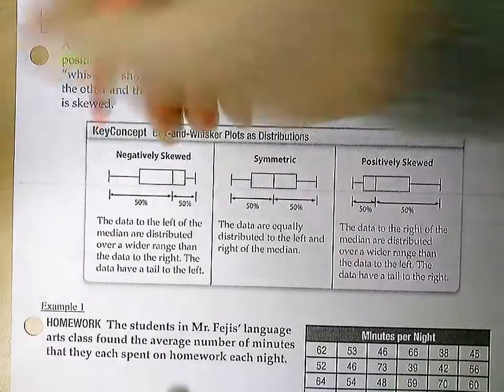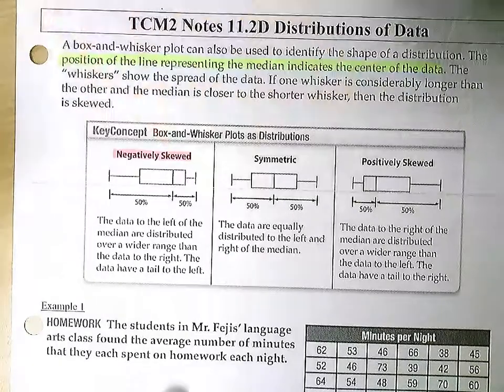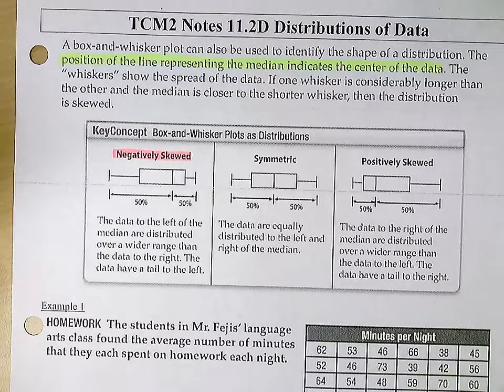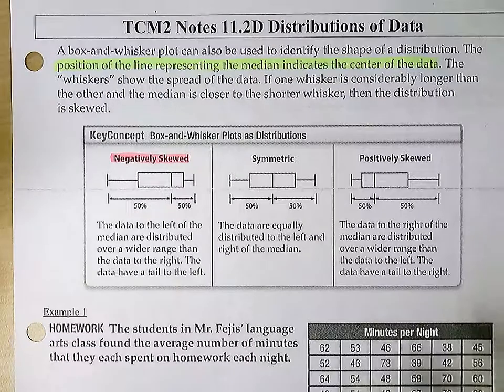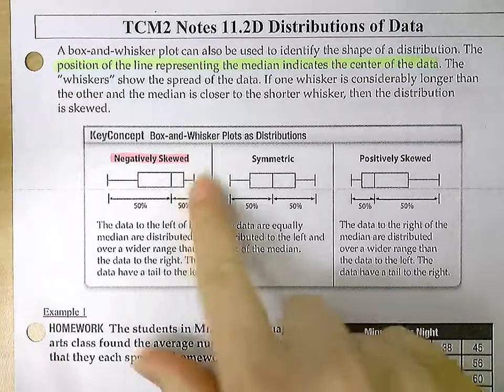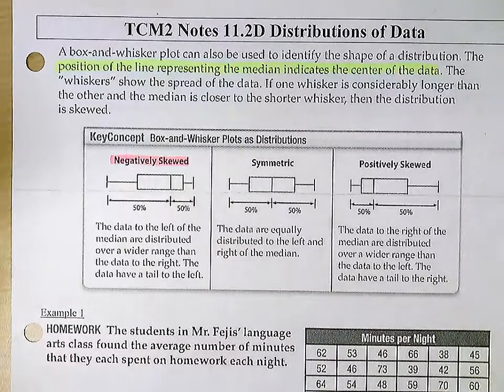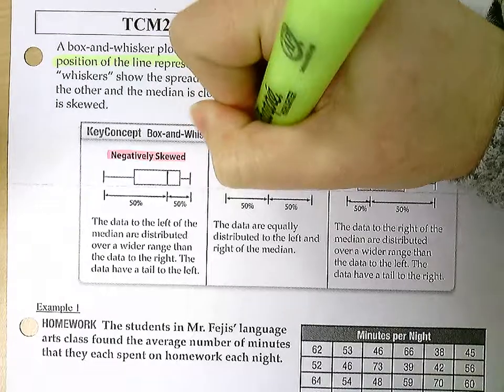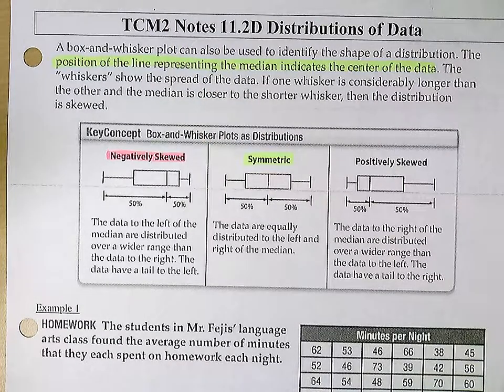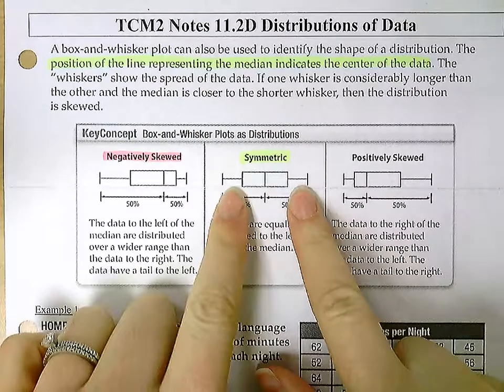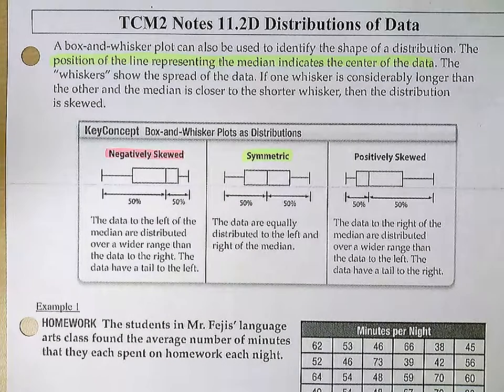So we have a negatively skewed box and whisker plot. That one's more towards the right. You have a shorter whisker on the right and your median is closer to that one. We have a symmetric one. It's the same on both sides for your whiskers and your median is generally in the middle.